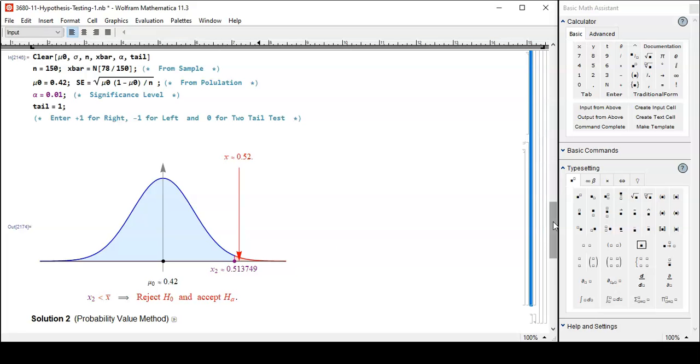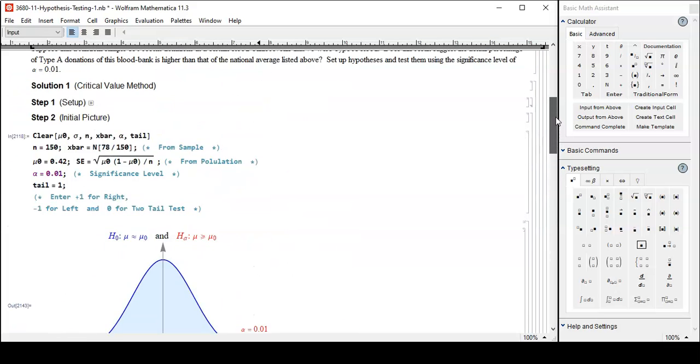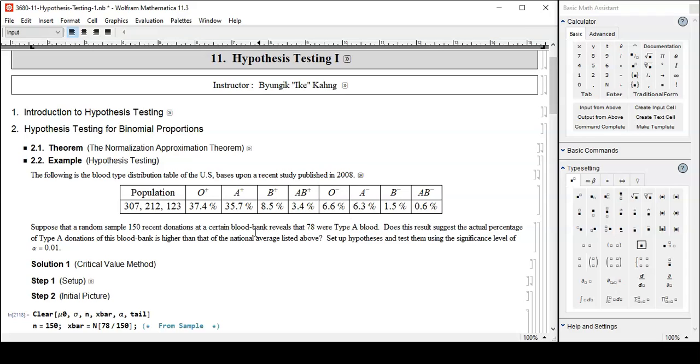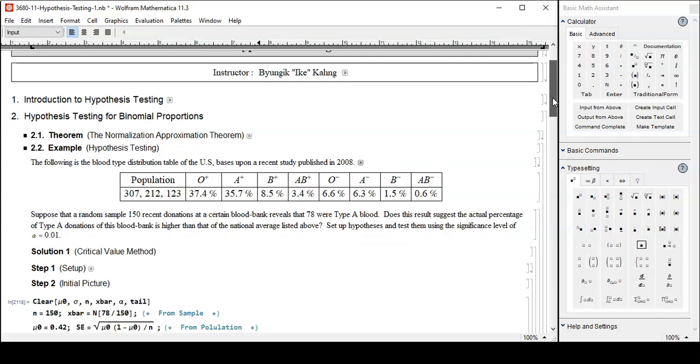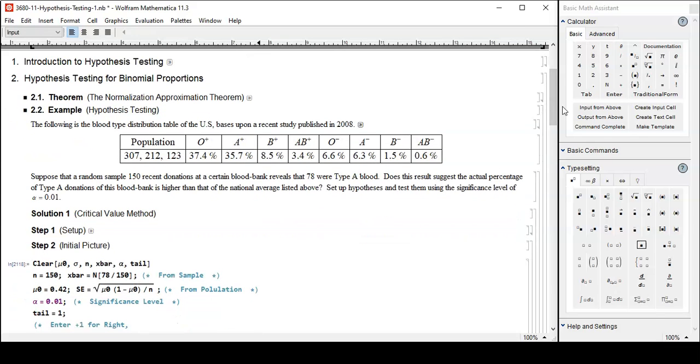The proportion of A-type in this blood bank or in this neighborhood is higher than that of the national average of 0.42. It is well known that ethnic Asian people have, not just entire Asia, Asia is too big, the Far Eastern Asian, Korean, Japanese, Chinese, those Taiwanese, those population generally have higher percentage of A-type.